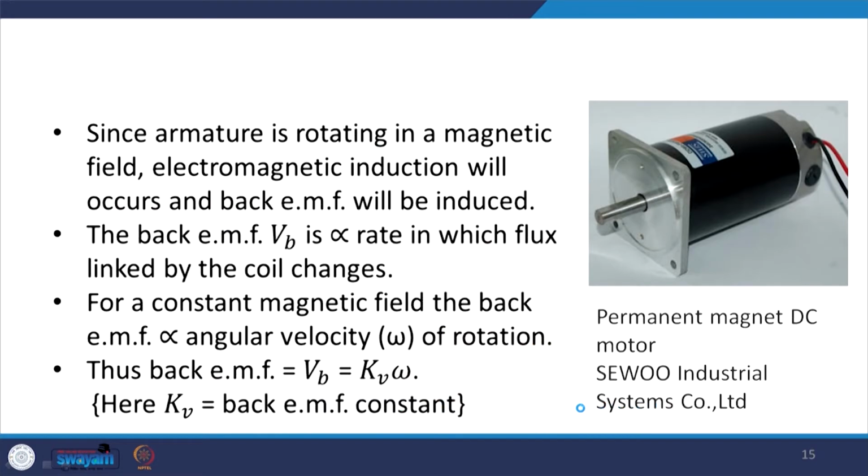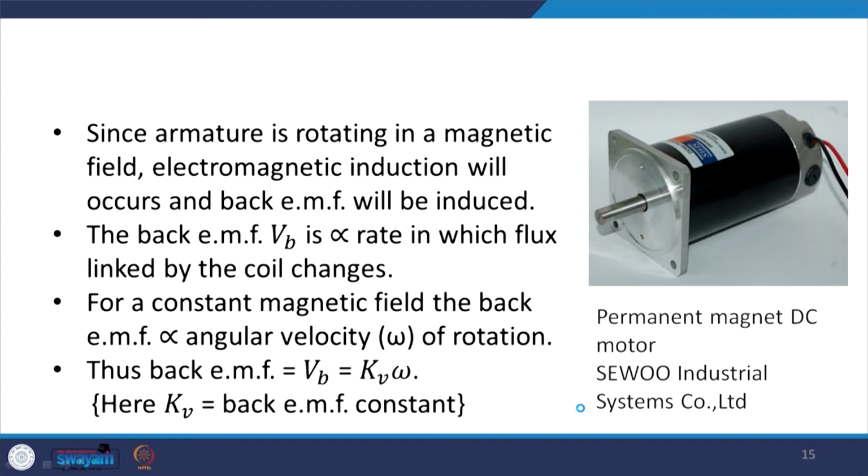Since the armature is rotating in a magnetic field, electromagnetic induction will occur, and the back EMF will be induced, which I talked about in my previous slides. This induced back EMF is proportional to the rate at which the flux linked by the coil changes.